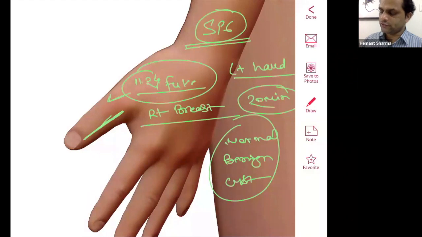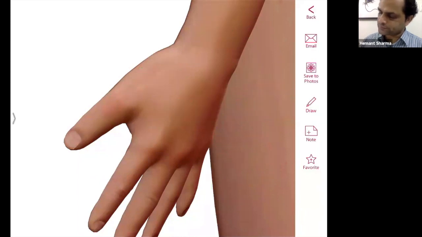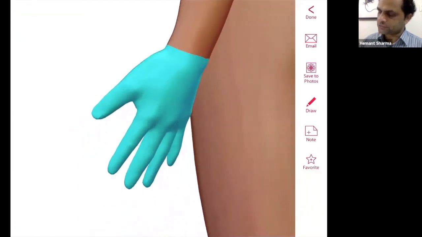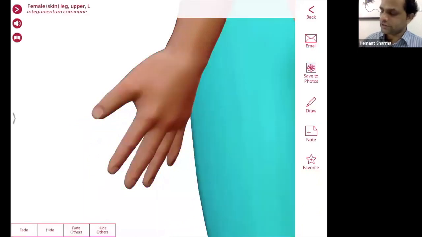This is a very famous point with the name of Fouquet. Whenever we are putting the 11.24 point, we always put this point on the opposite side. If a female is telling you she has pain in the right breast, or a cyst in the right ovary, then you can put it on the opposite side.